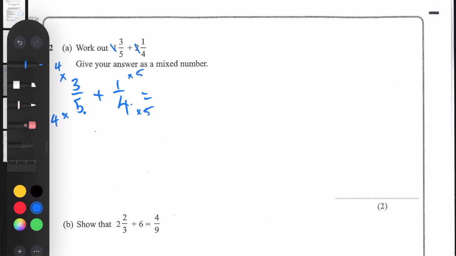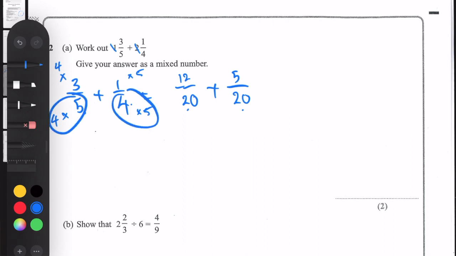So 4 times 3 is going to give me 12 on top, 5 times 4 for 20, plus 1 times 5 for 5, and 4 times 5 for 20. Now you can see that they both have 20 as a denominator, and that's literally because 5 times 4, 4 times 5, they mean the exact same thing. The rule is, keep your denominator the same, so it's out of 20, 12 plus 5 for 17.